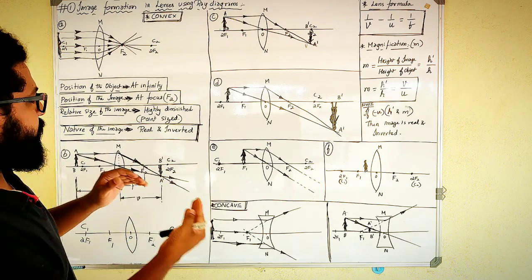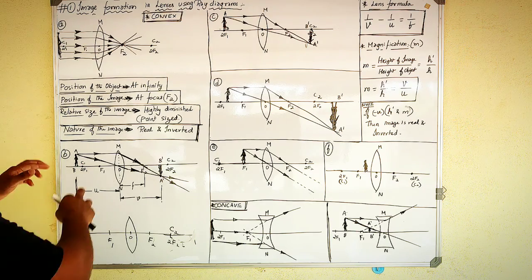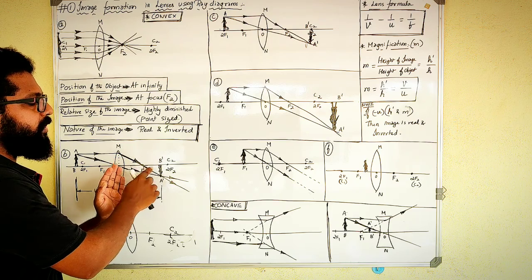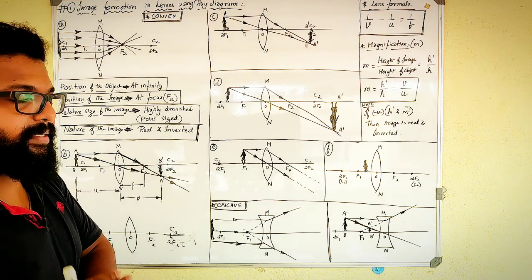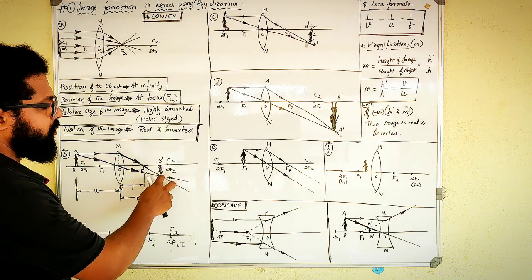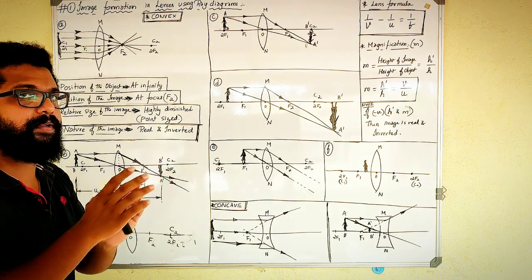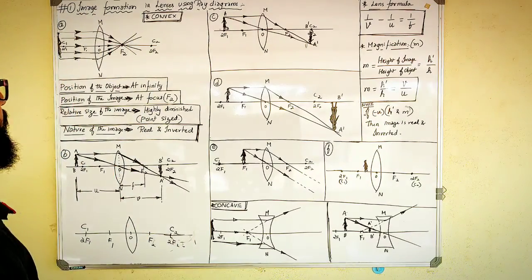Is it clear? If the object is beyond the center of curvature on the left side, the two light rays will converge and meet at a point between F and C of the right side, which means the image is formed on the right side, in between the principal focus and the center of curvature of the right-hand side.